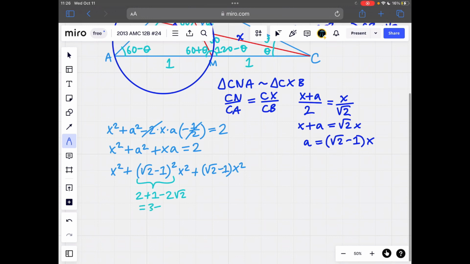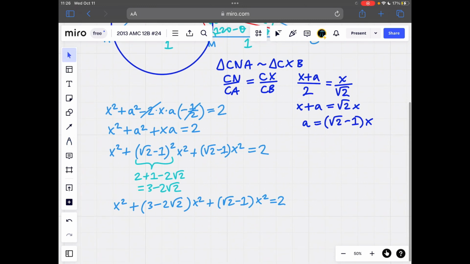And that's just 3 minus 2 root 2. And all of this is equal to 2. So we have x squared plus 3 minus 2 root 2 x squared plus root 2 minus 1 times x squared equals 2. And we can use this to find the value of x squared, and subsequently we can find a squared, which is what the problem asks for.